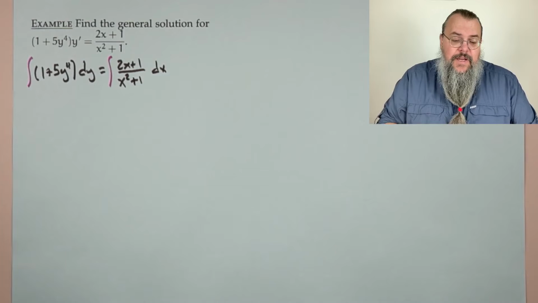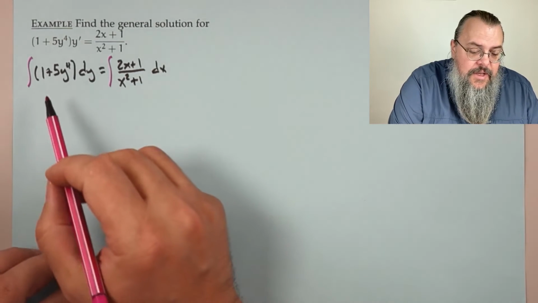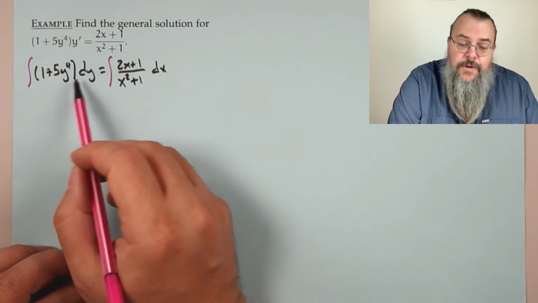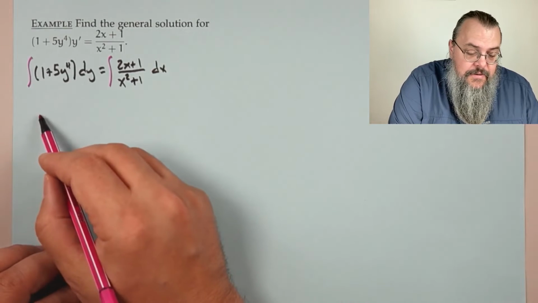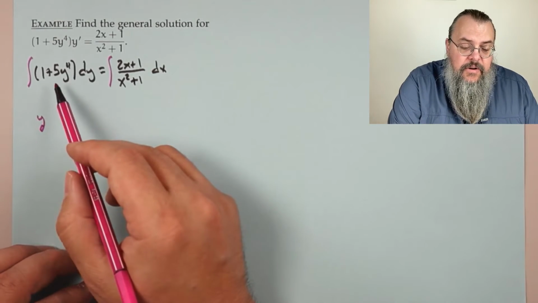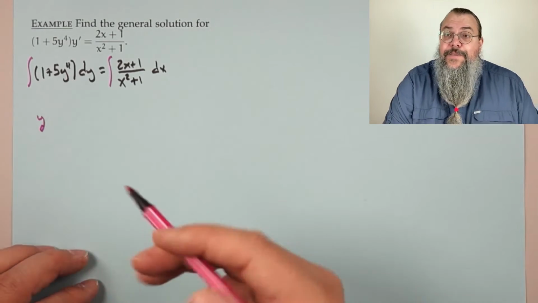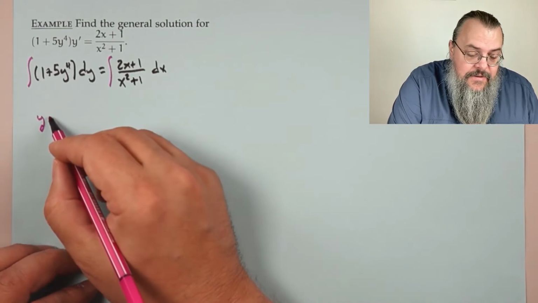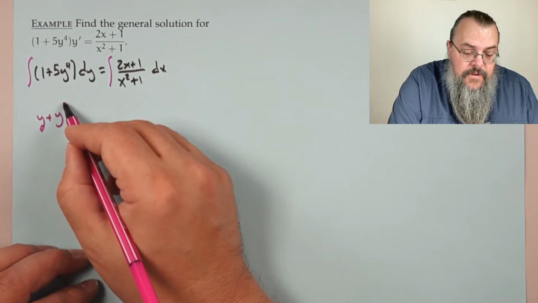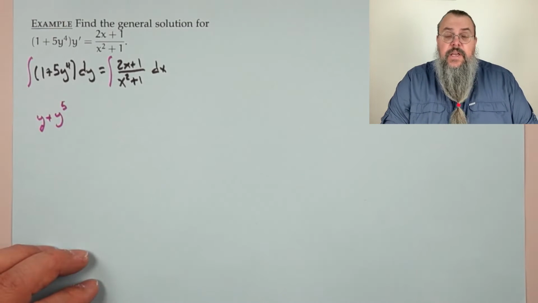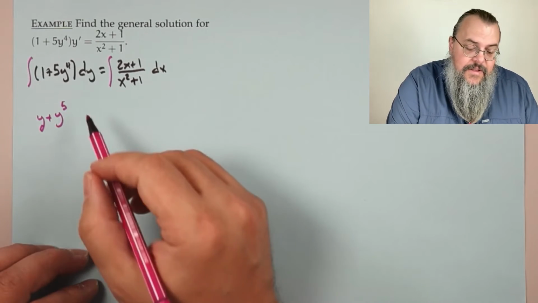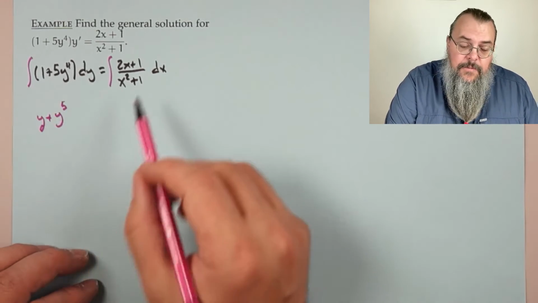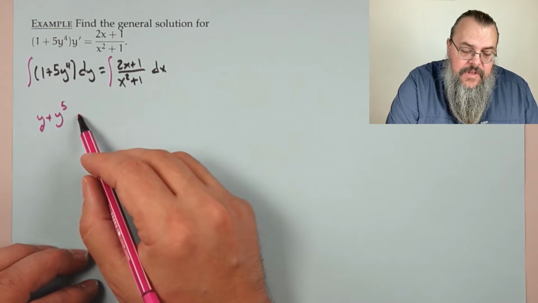Here we're integrating with respect to y. So the integral of 1 with respect to y is y. The integral of 5y to the 4th with respect to y is y to the 5th. And there we go, that's the left-hand side. And we'll put our constant on the right-hand side.